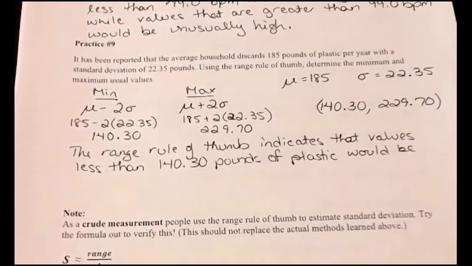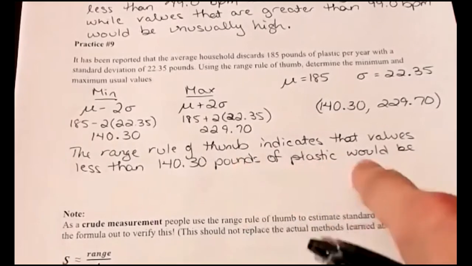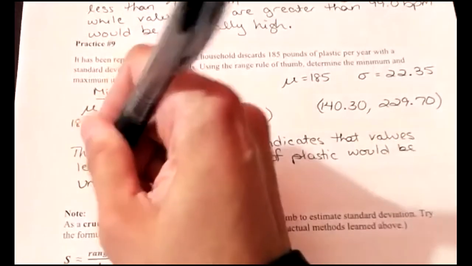The range rule of thumb indicates that values less than 30 pounds of plastic would be unusually low.